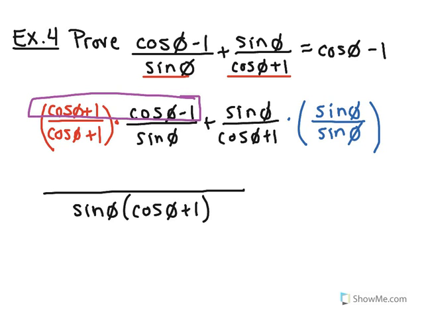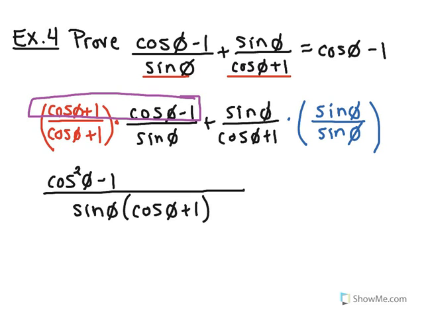Okay. Now, I want to remind you that I just previously, in the previous example, showed you how a difference of perfect squares breaks down. Okay. This is a difference of perfect squares broken down into factors. So if I were to multiply this out just by using my simple FOILing methods, I would come up with the cosine squared phi minus 1.